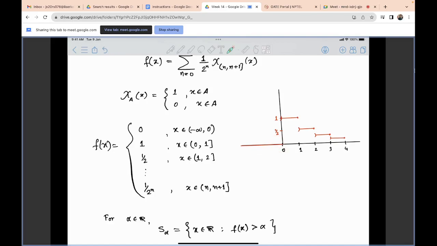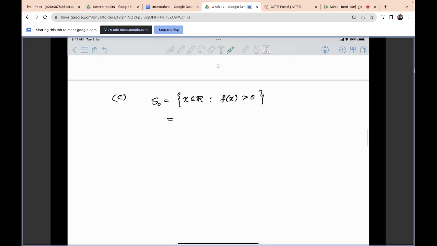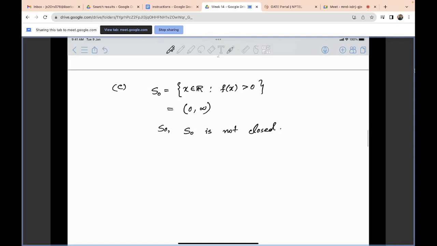For open 0 to infinity, the function always takes a value bigger than 0, because it is of the form 1 by 2 to the power n. So this set is open 0 to infinity. So S0 is not closed, because this is an open interval.